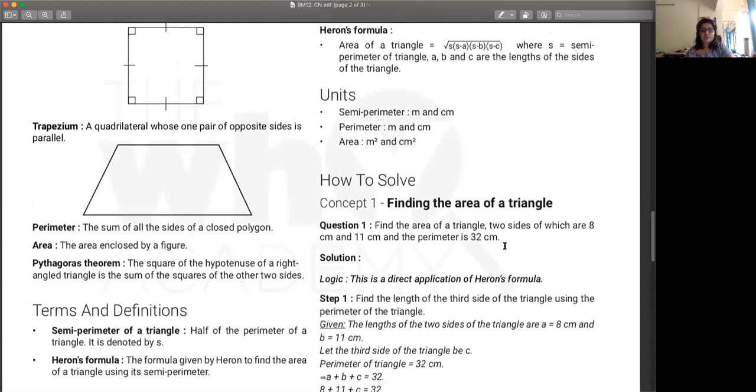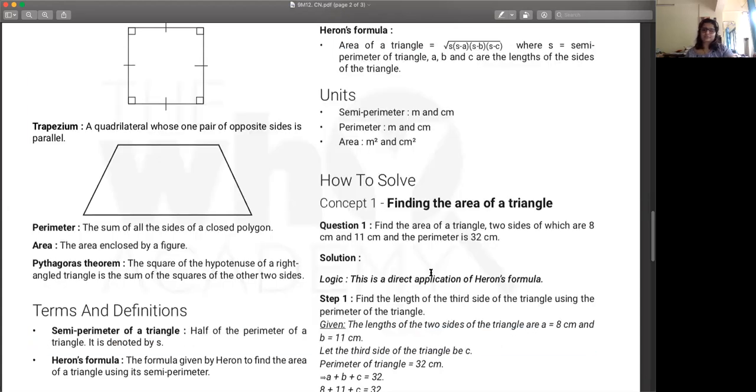Did you guys find out what the third side is? 13 centimeter. Cool. And what is the semi perimeter? 16. Semi perimeter is half of the perimeter. 16, yes. So now just apply Heron's formula.